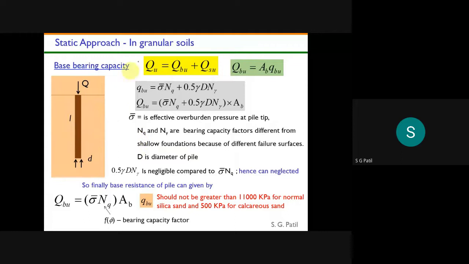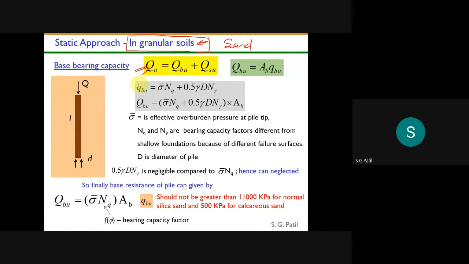So now we'll see granular soil. In granular soil, how can you calculate your ultimate load carrying capacity? First we'll discuss granular soil. Granular soil means what? Like sand. So how can you calculate? What is Q ultimate?